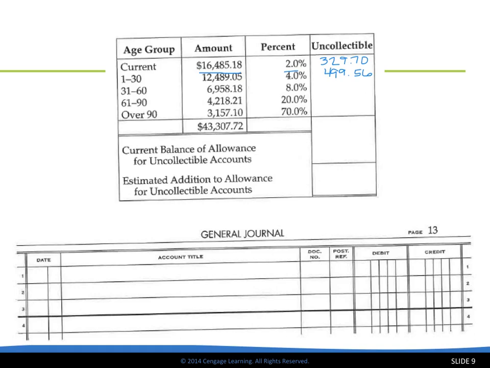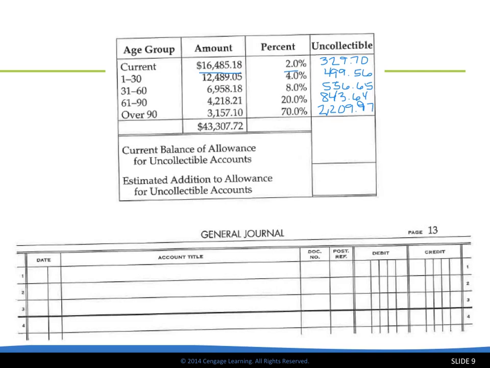I will get $556.65. My 61 through 90 days, I take the amount times the percentage. I will get $843.64. And then I will get $2,209.97.